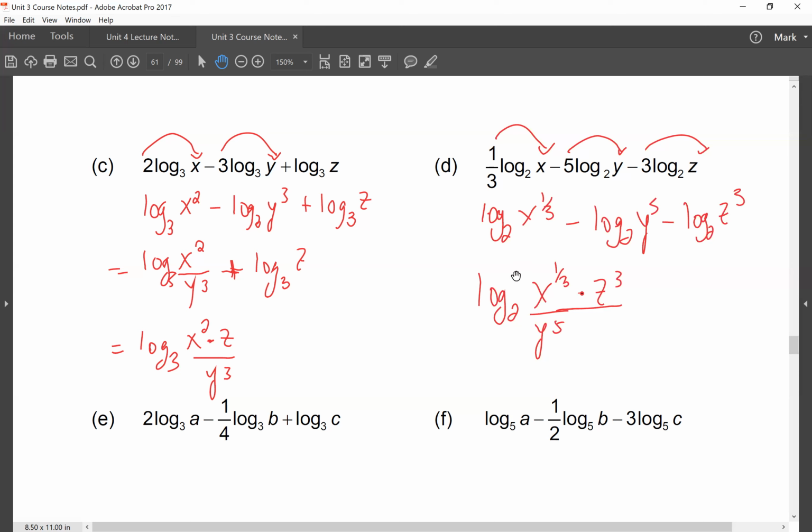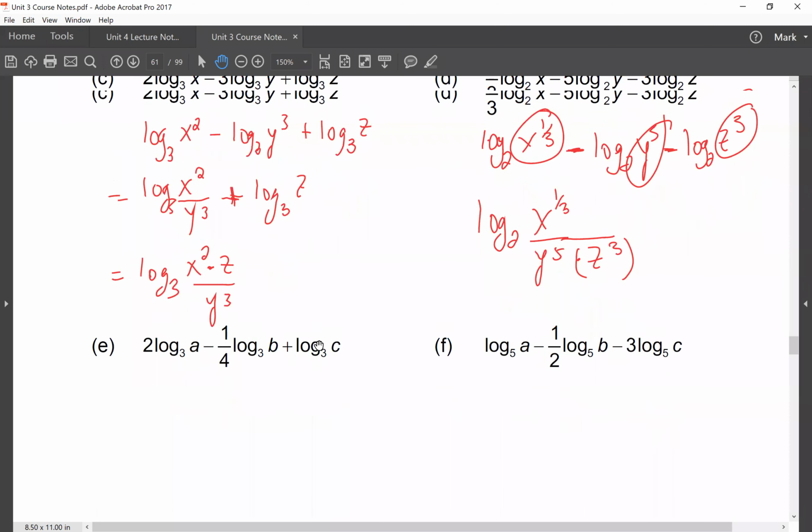Oh, sorry, not multiplied, divided, because it's another subtraction. So we're going to take x to the power of 1/3, and we're going to put the y to the 5 and the z cubed on the bottom because they're both divided. So they both go on the bottom.